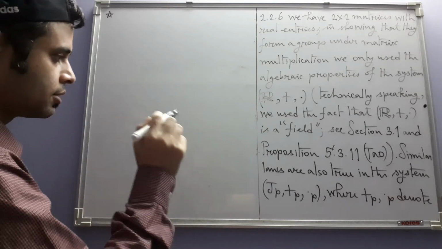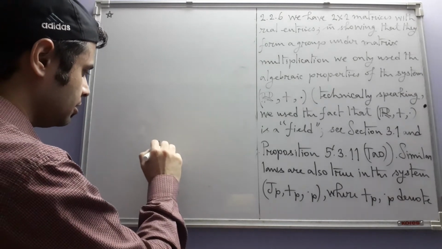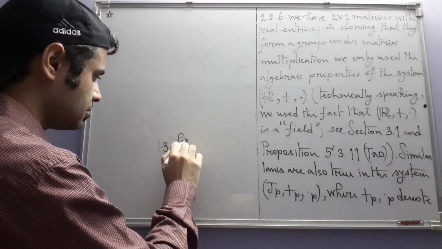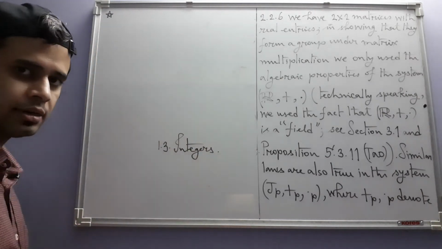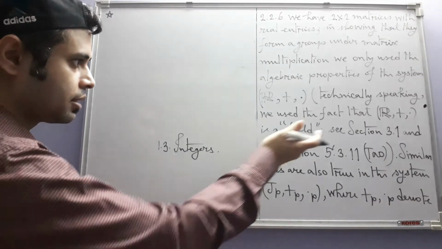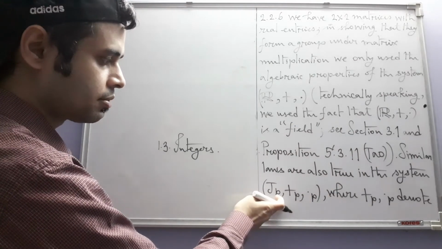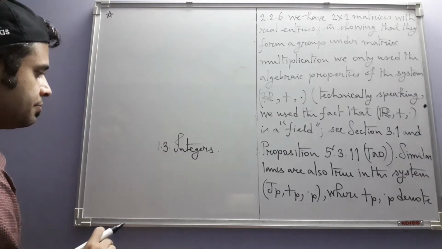You go to that section 1.3, and its name is Integers. You go towards the end of this section, there you will encounter this J_P and these two operations.